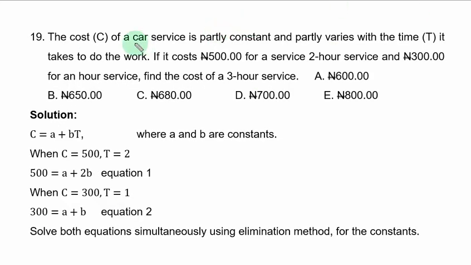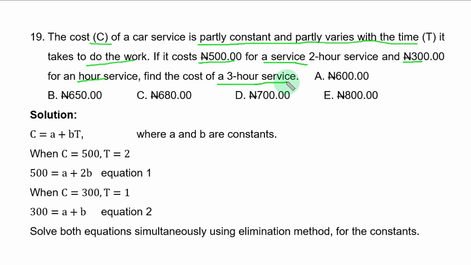Question 19. The cost C of a car service is partly constant and partly varies with the time T it takes to do the work. If it costs 500 naira for a 2 hours service, and 300 naira for an hour service, find the cost of 3-hour service.